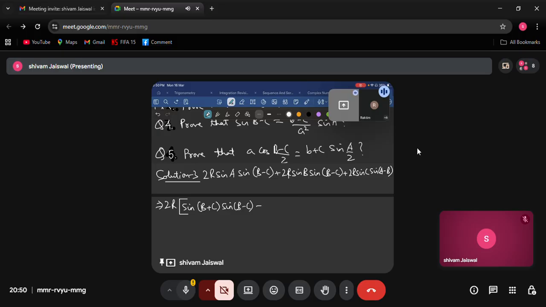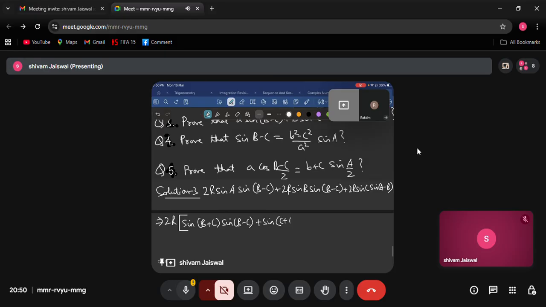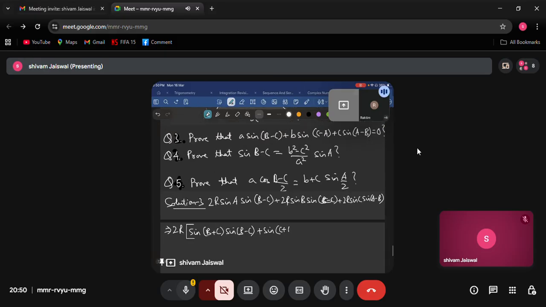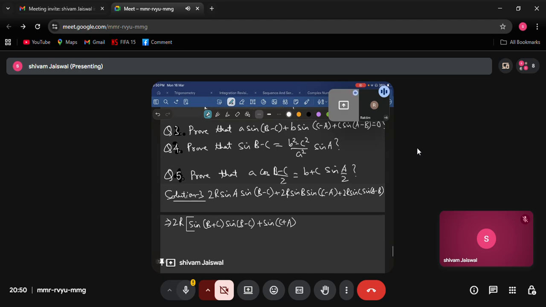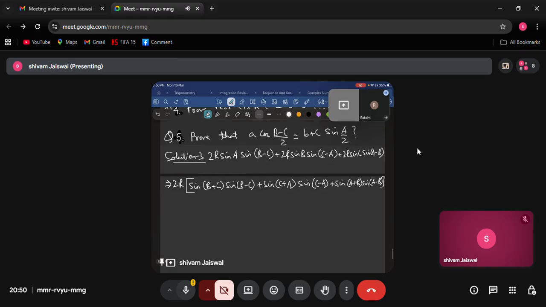Do you recall the formula? So tell me, what is sine A plus B into sine A minus B? Raktim, can you repeat it once? I said, what is sine A plus B into sine A minus B? Do you recall the formula?